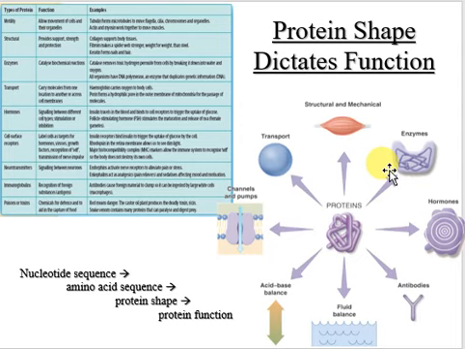Some proteins are hormonal in function, meaning they coordinate organisms' activities. So insulin. Insulin is a protein hormone that's secreted by the pancreas to help in regulating the concentration of sugar or glucose that's in the blood.